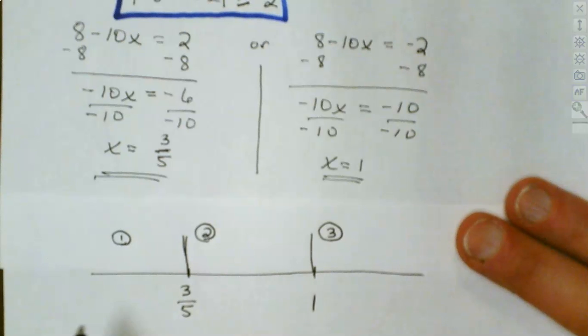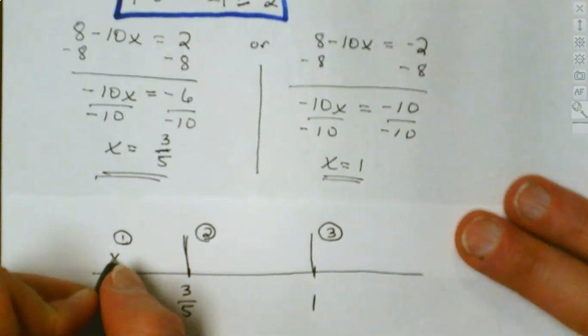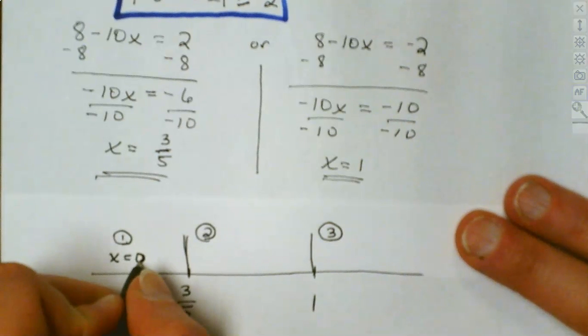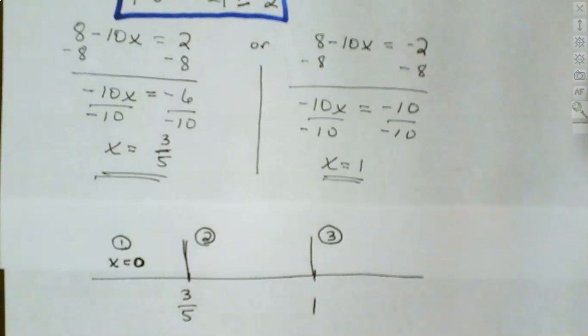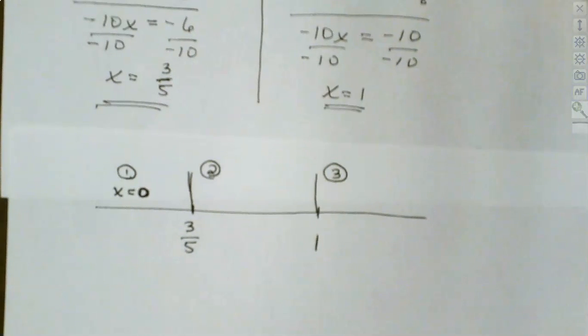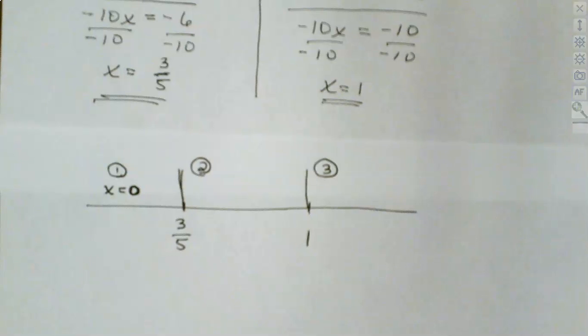Why not? Because it's 0 in between those 2 numbers. Nope, 0's back over here. So 0 can be in any of the regions. You only have to check that 0. That is it. You can pick any number you want to check, but I think 0 is the easiest.